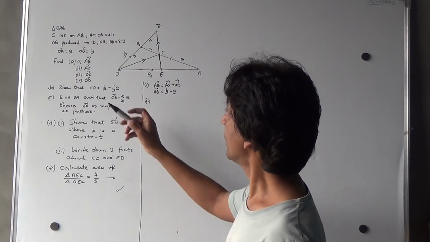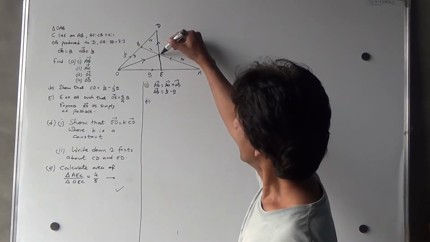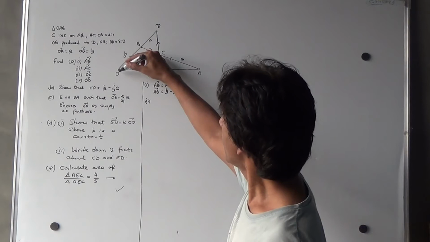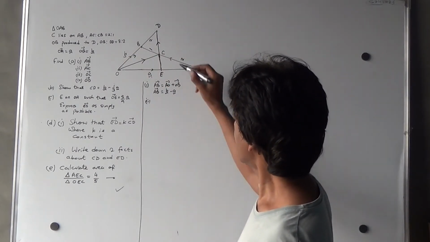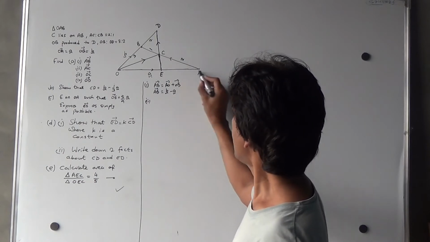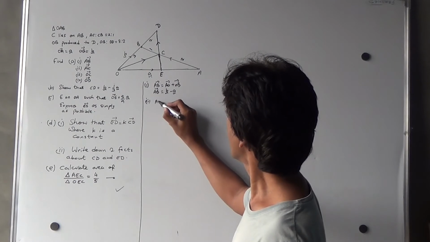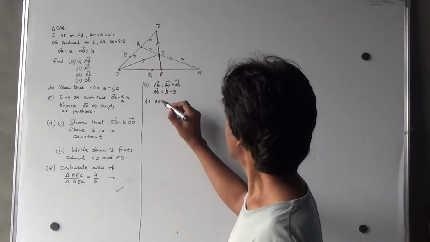Moving on to the second part, we need to find the vector AC. From A to C, you could move from A to O, and then O to C. But how are we going to find the vector AC, because we don't know this part here? What we know is that AC to CB is 2:1.